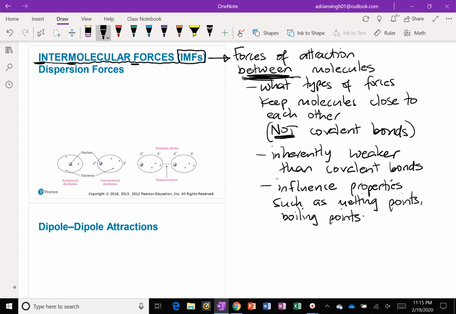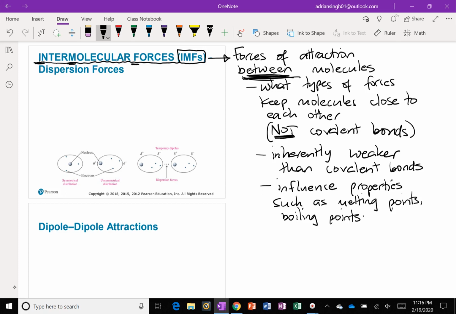That's why we're going to take a look at them, because they are important in explaining some of the physical properties of substances. The other important reason is because we had gone through all these steps to determine whether something is polar versus non-polar, because that will allow us to figure out the type of intermolecular force occurring between molecules.